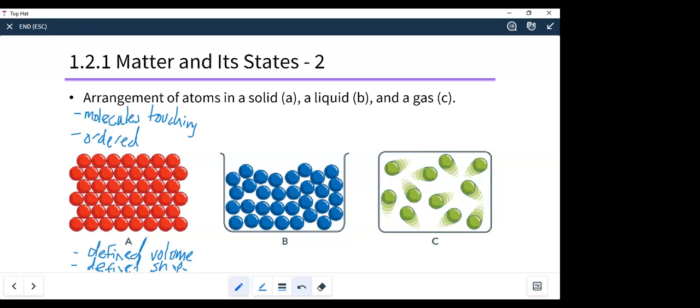Okay, so that's the solid. Solids have defined volume, defined shape. Now liquids.